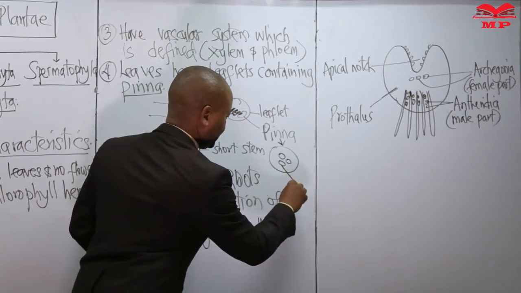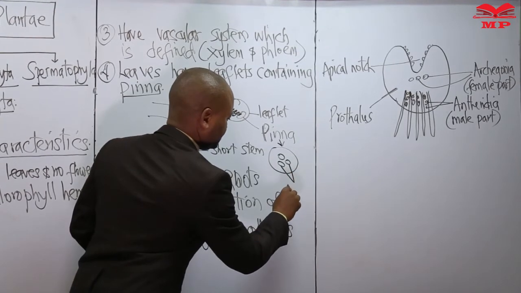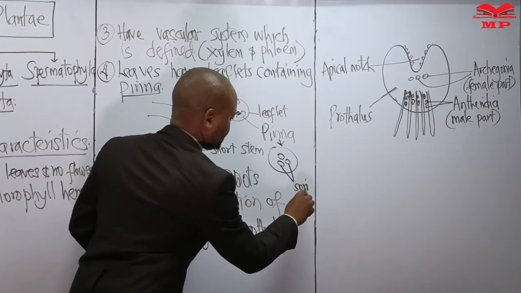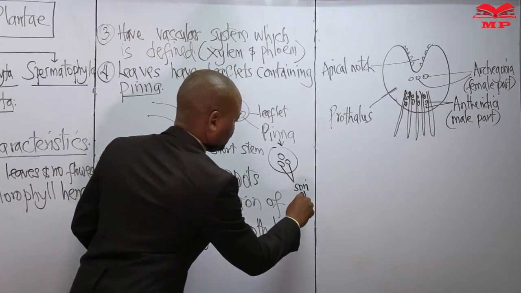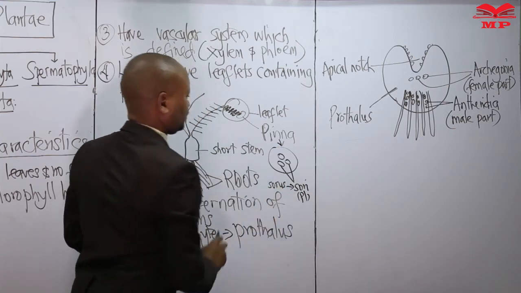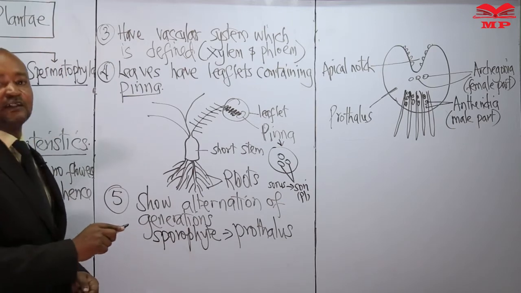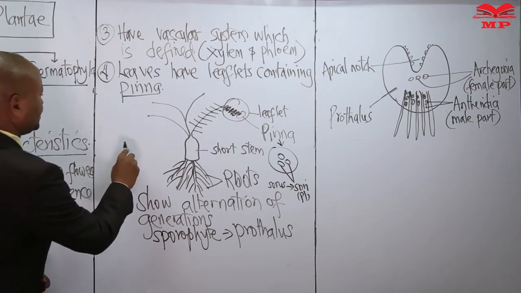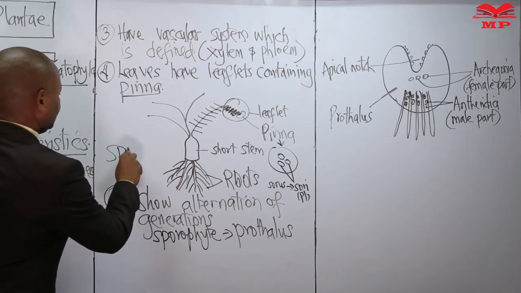Plural is sori. If it's singular, it's known as the sorus. So it is the sorus that has the spores. From the word spores, this one forms the sporophyte.